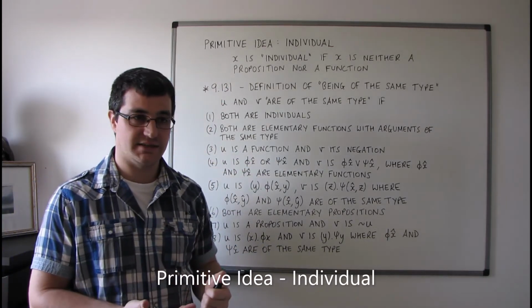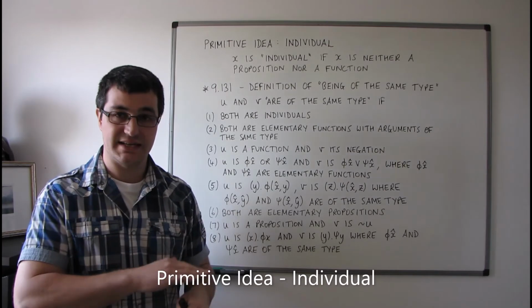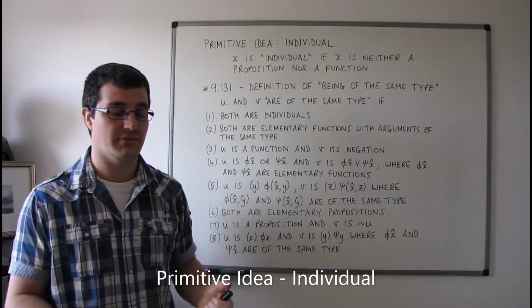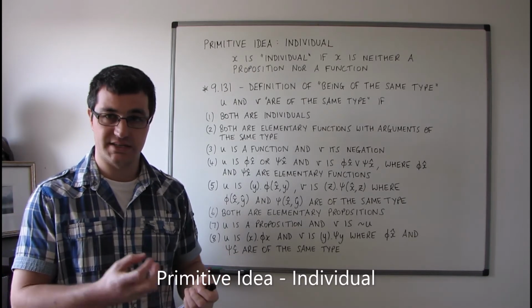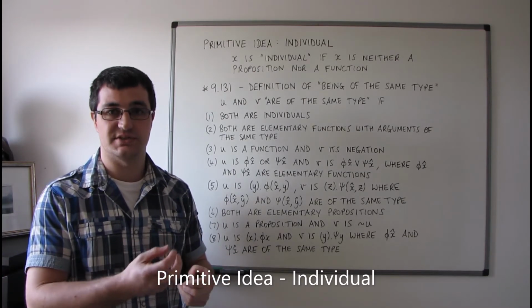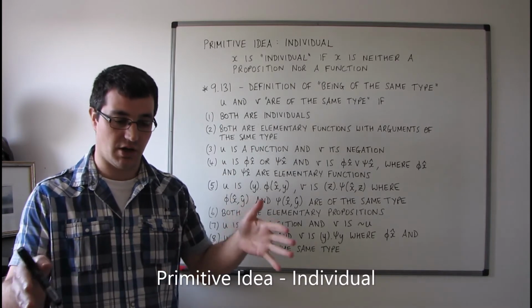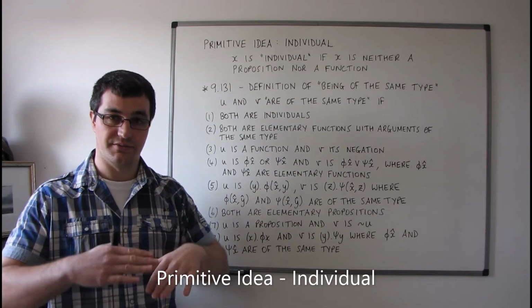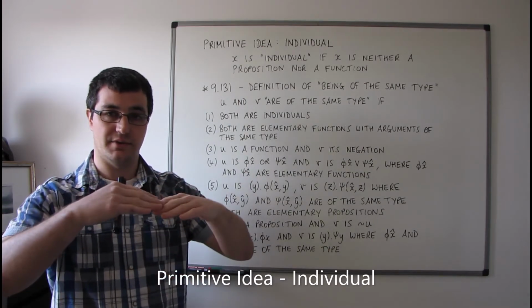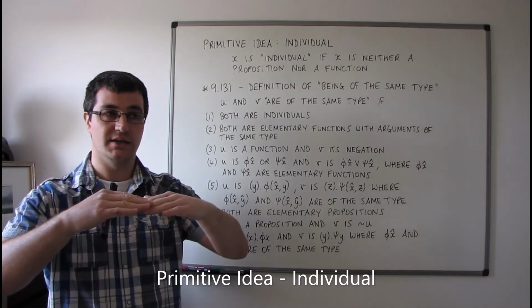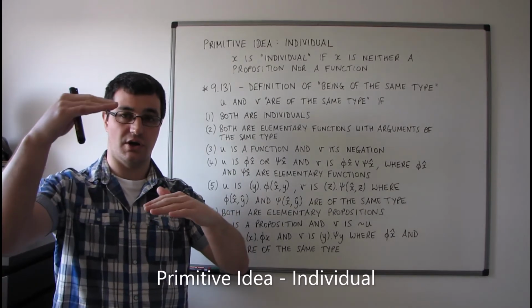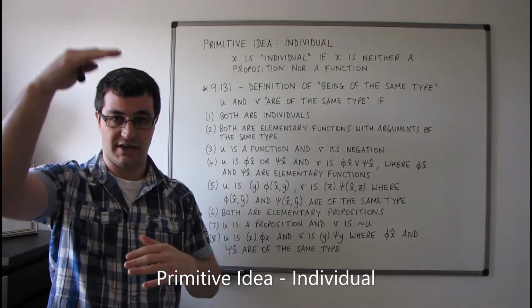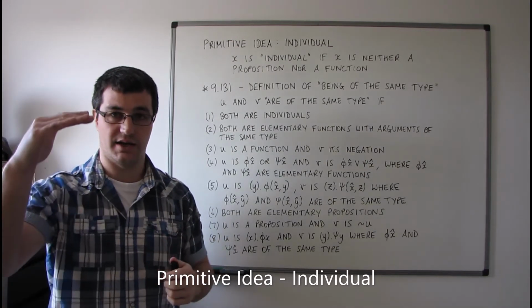Individuals are going to effectively be the most basic type that we have, the most basic kind of thing that we have, and they will be constituents in propositions and functions. So we'll have functions of individuals, and they will be the next level up, and then these functions of individuals can be arguments in functions of individuals, and so on and so forth, up the functional hierarchy.